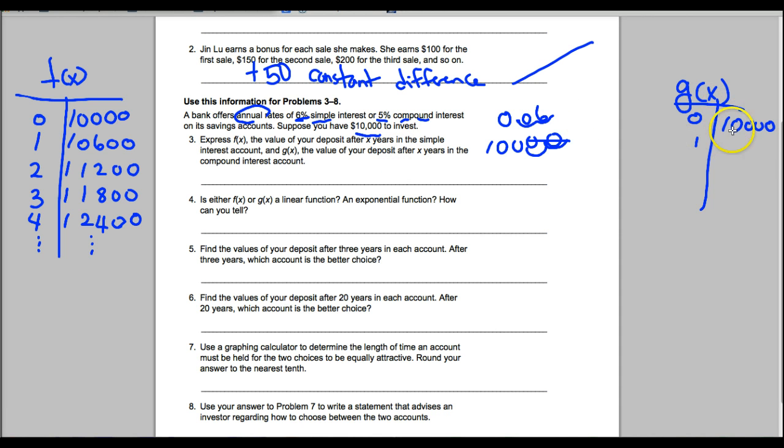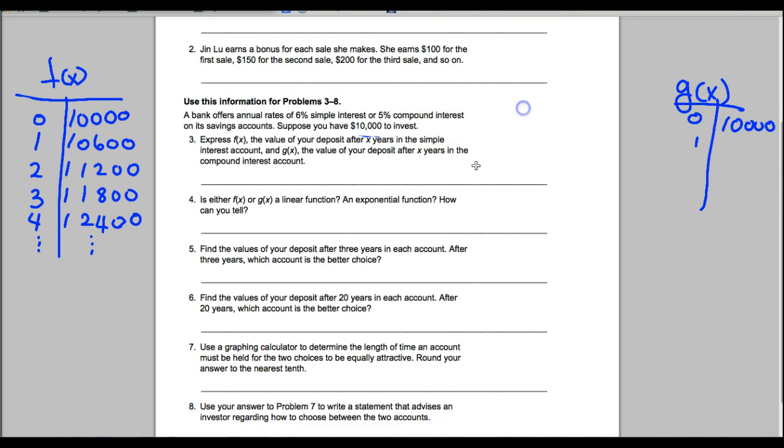So basically, if you start with $10,000, you're going to multiply that by, remember, 5% is 0.05, but because it's an increase, you're going to add 1. So you're going to multiply by 1.05. I'm going to go ahead and erase this because I don't like it when there's too much writing on the screen, okay? So what we're going to do is 10,000 times 1.05.